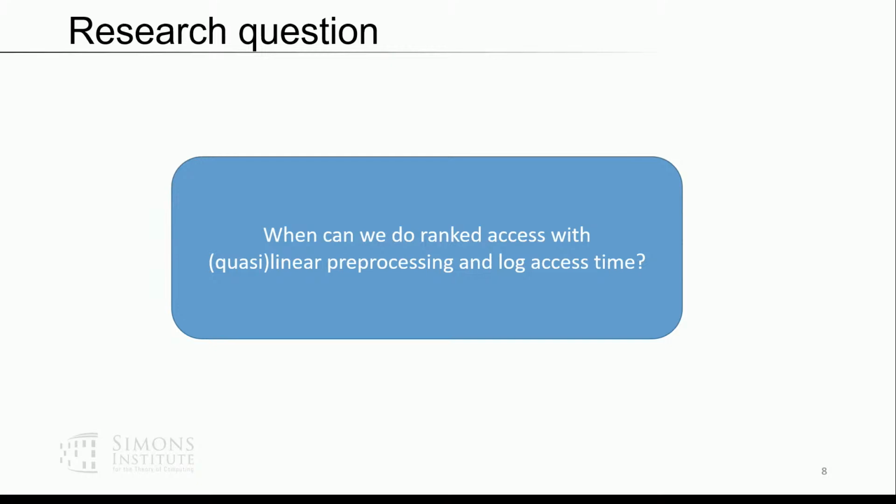As an intermediate question, we would like to ask which queries we can solve with the ideal time guarantees. So quasi-linear preprocessing, so linear preprocessing and constant time per answer would be the ideal, and let's allow some logarithmic factors to be able to actually do stuff. And the focus in this talk will be conjunctive queries with aggregation and lexicographic orders.